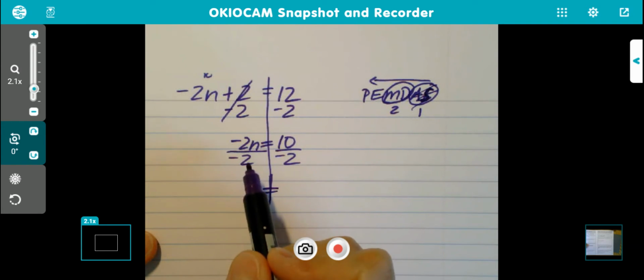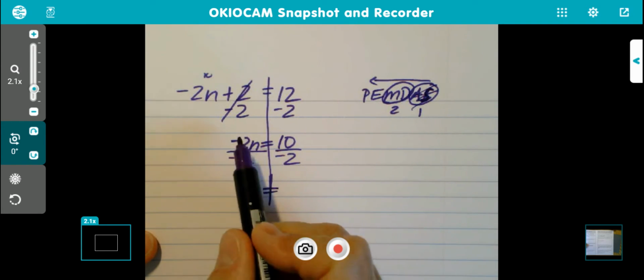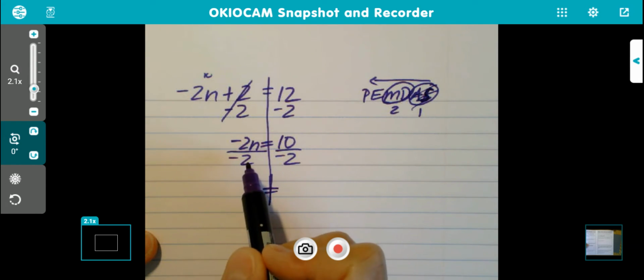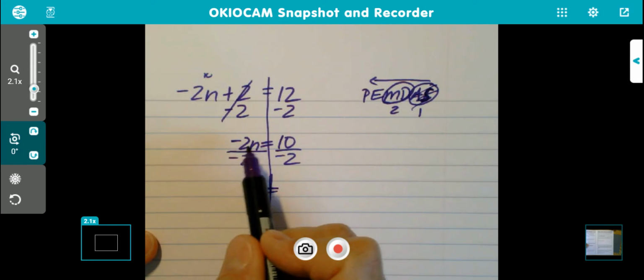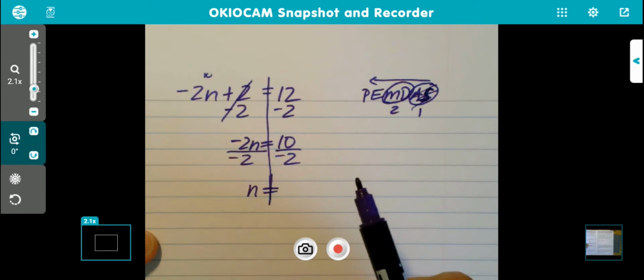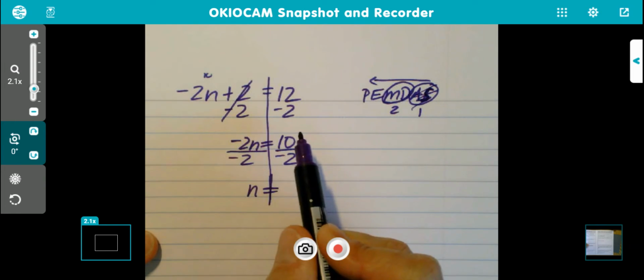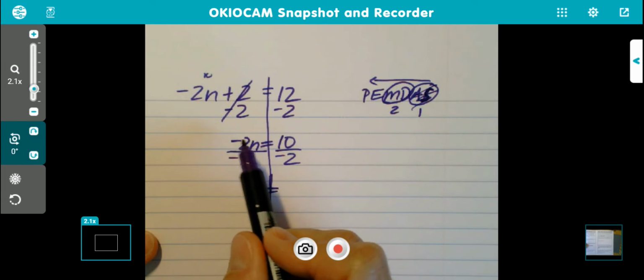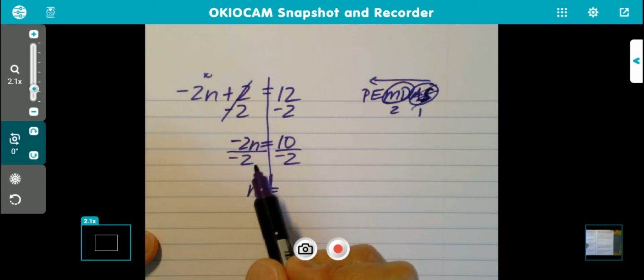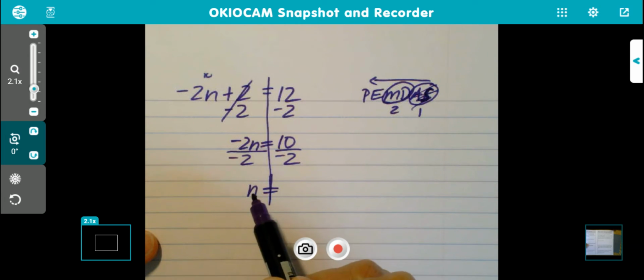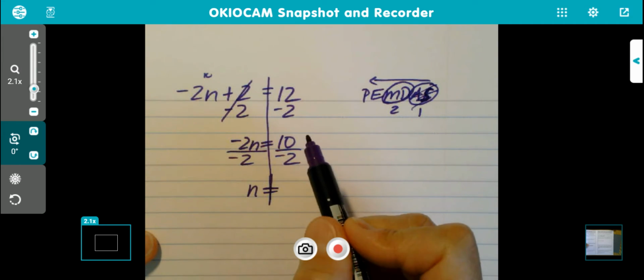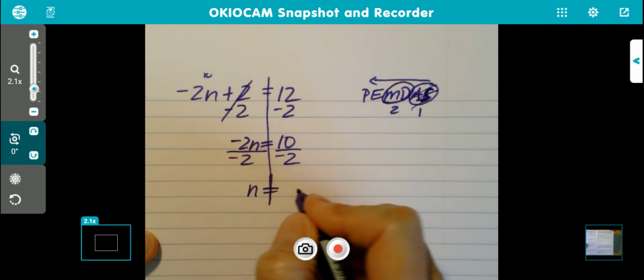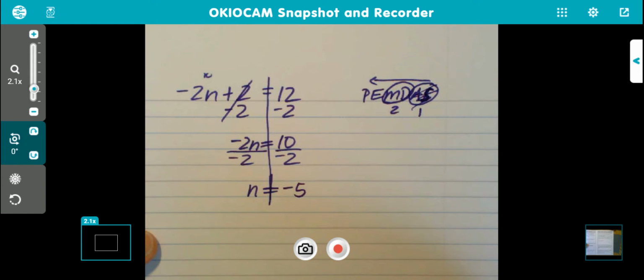Notice I divided by exactly what was being multiplied to the n. I didn't divide by +2. I divided by exactly what was being multiplied to it, and I did it on both sides. Negative divided by negative gives me a +1n, which looks like that. And then 10 divided by -2 is -5.